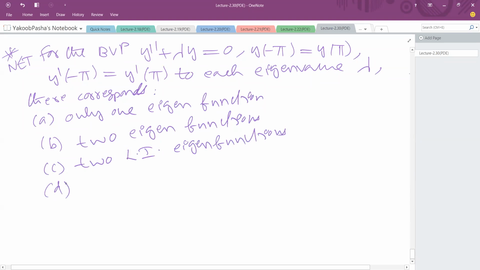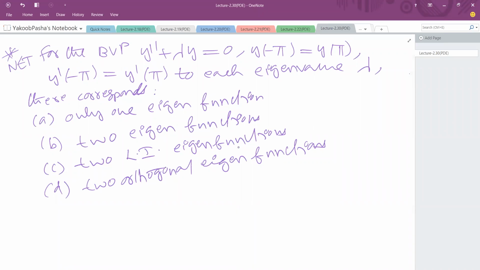And option D, two orthogonal eigenfunctions. These are the options. Now we check first of all.